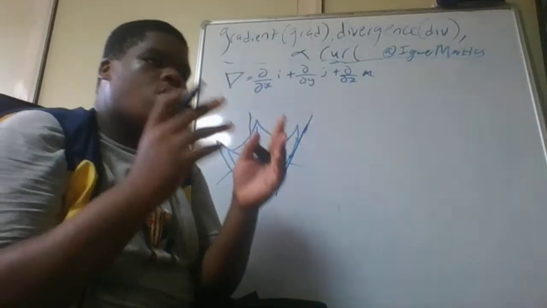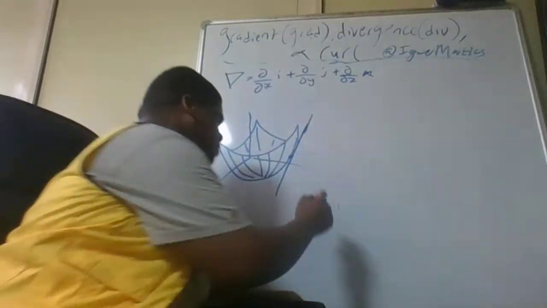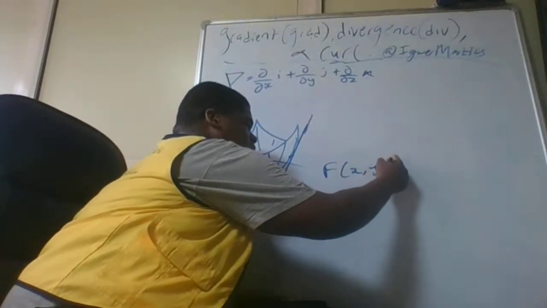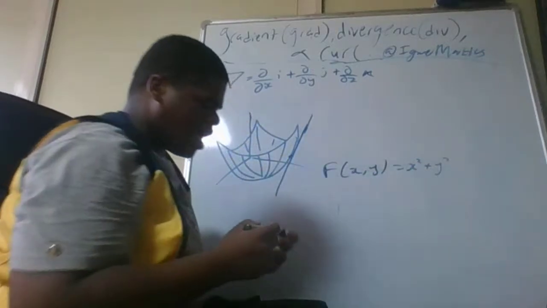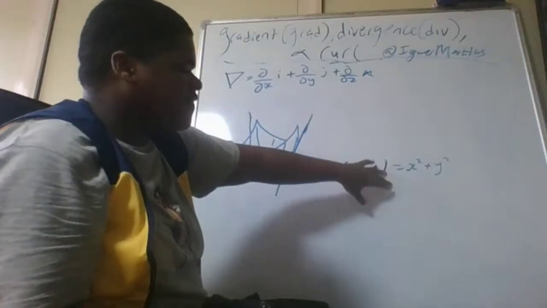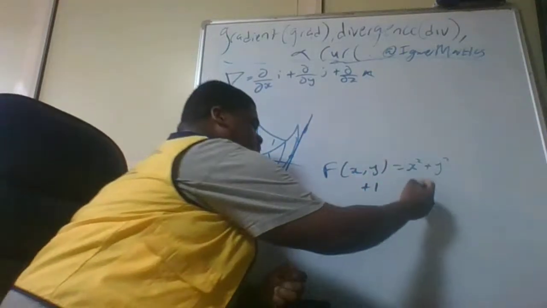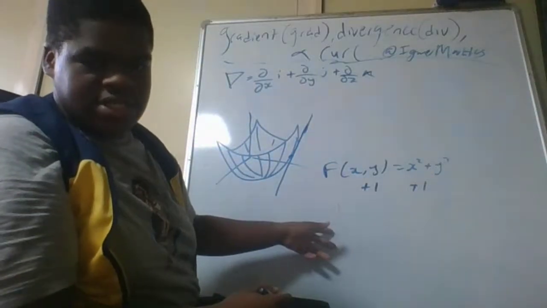Let me give you an example. If I say f of x and y is equal to x squared plus y squared, and ask you, tell me if I increase the value of x by 1 unit and I increase the value of y by 1 unit, how would f of x change?